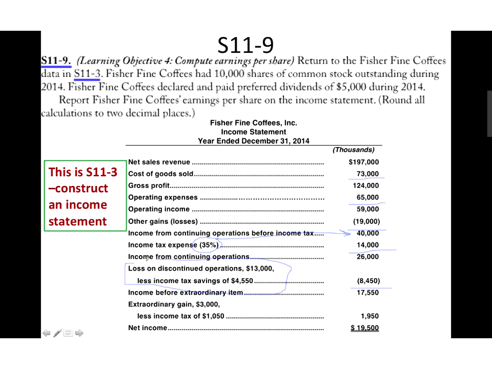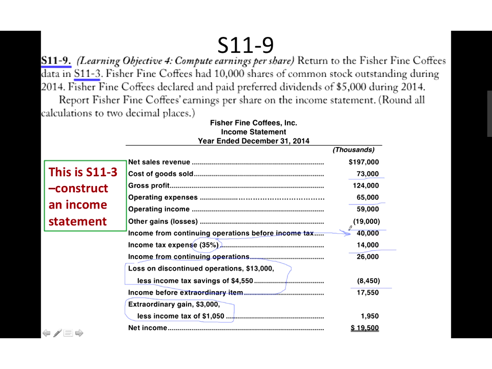So you take the $13,000 times 35%. And then extraordinary gain, same thing. You have to calculate the income tax effect of that. But you'll show those net. So when you have to calculate the income tax expense line, they'll give you the percentage and you do it of the income right above that.